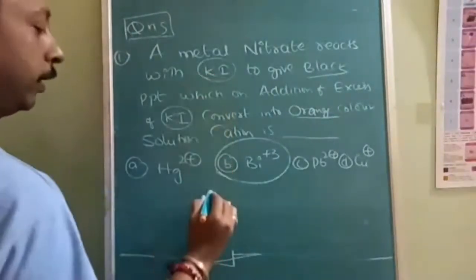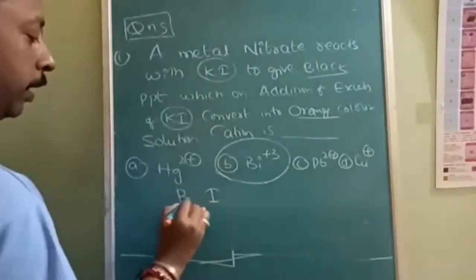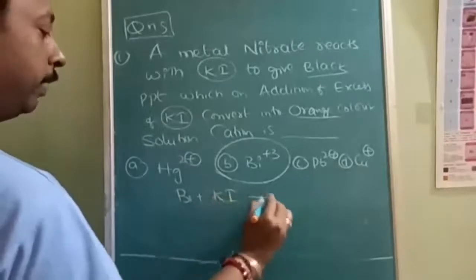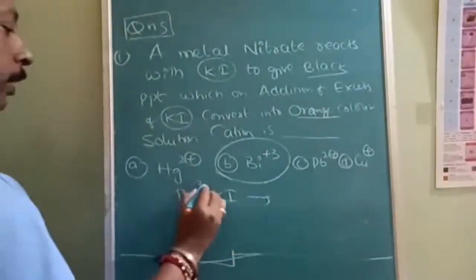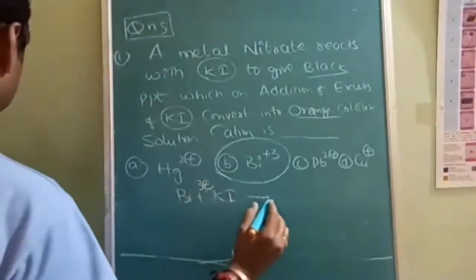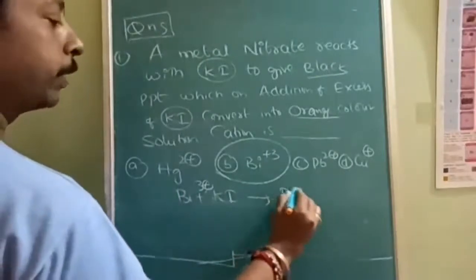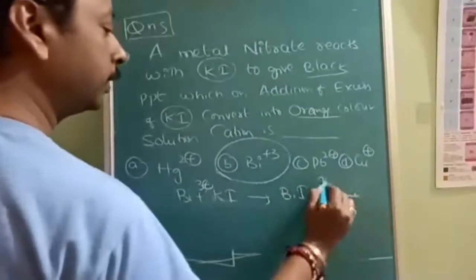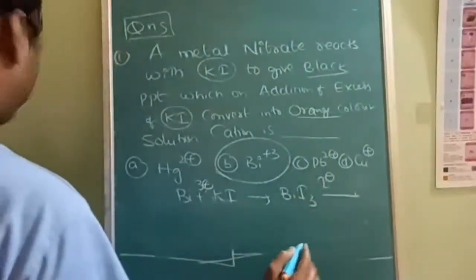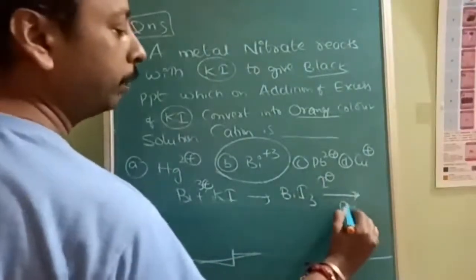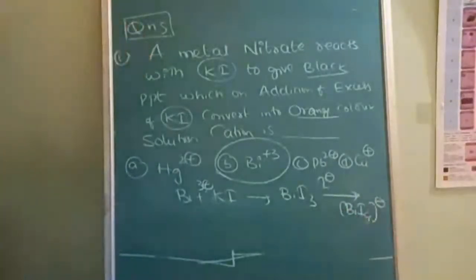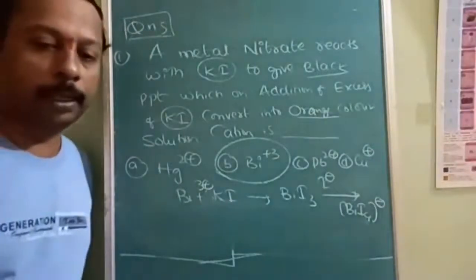First, Bi3+ plus KI: first what will it form? It will form BiI3. On addition of excess I minus, it will convert into the complex BiI4 minus.